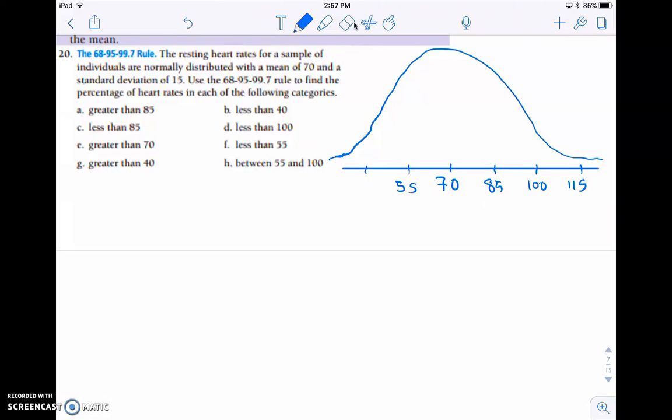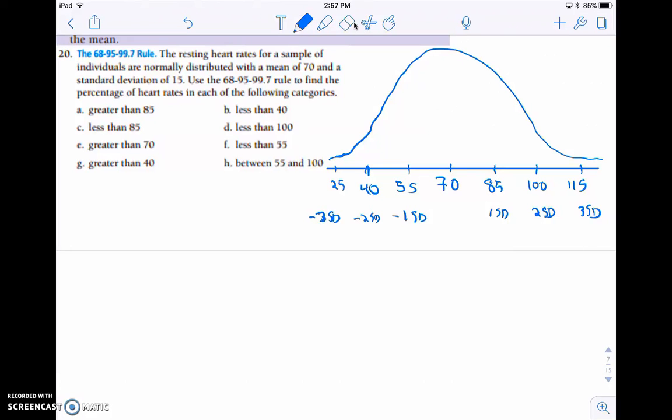So that's going to be 55, 40, and then we'll drop all the way down here to 25. So that's, again, 1 standard deviation, 2 standard deviations, and 3 standard deviations above. And then we're 1 standard deviation below, 2 standard deviations below, and 3 standard deviations below.